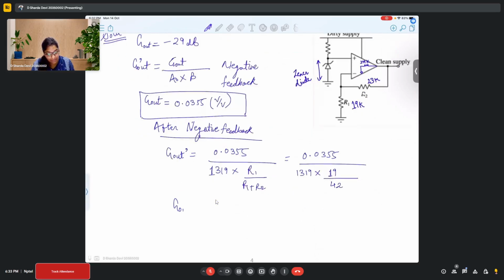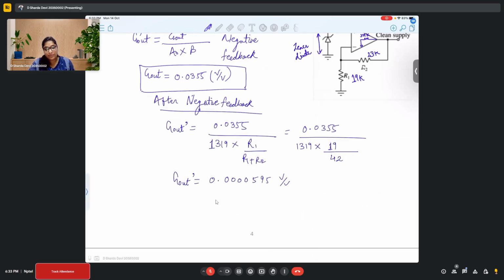So the gain value turns out to be 0.0000595 volts per volt. And if we represent this in dBs, it will become 20 log of that, and in dBs it is minus 84.515 dBs.